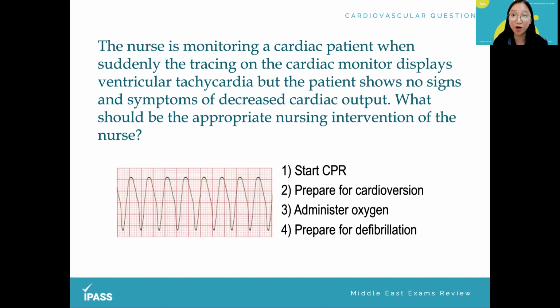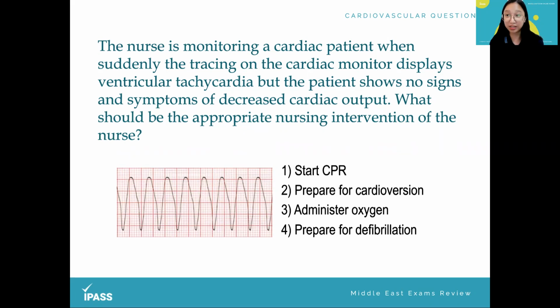Like what I've said before, dear nurses, look first for the clue for you to be able to answer this question. It says here the nurse is monitoring, and the monitor displays what? Ventricular tachycardia. So we are looking now for what will be the management for ventricular tachycardia. However, the patient doesn't show any signs and symptoms of decreased cardiac output.